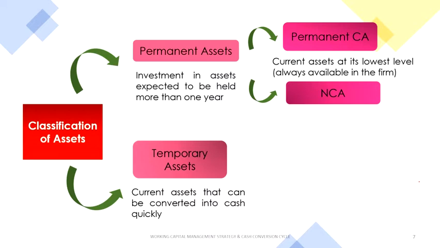Whereas temporary asset, current asset that can be converted into cash quickly. Okay, so dalam permanent asset, kita akan ada permanent current asset as well as non-current asset. Obviously lah, non-current asset ni kan sebab dia akan use more than 1 year. So maksudnya dalam current asset, kita akan ada permanent and temporary.